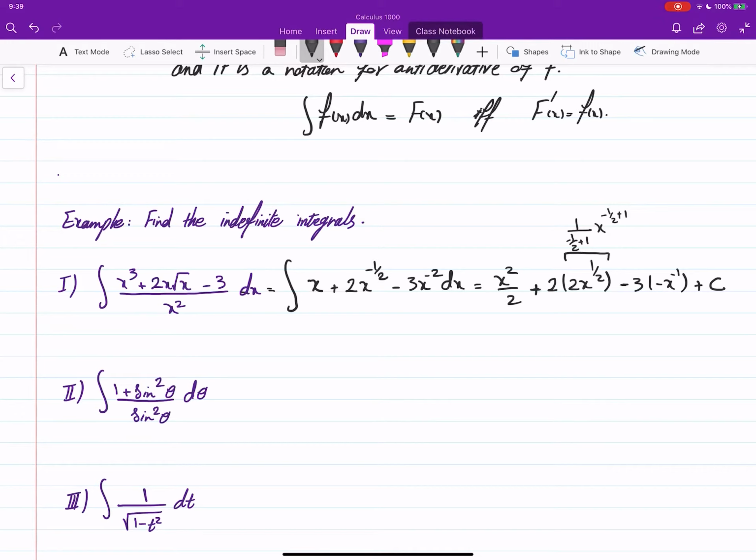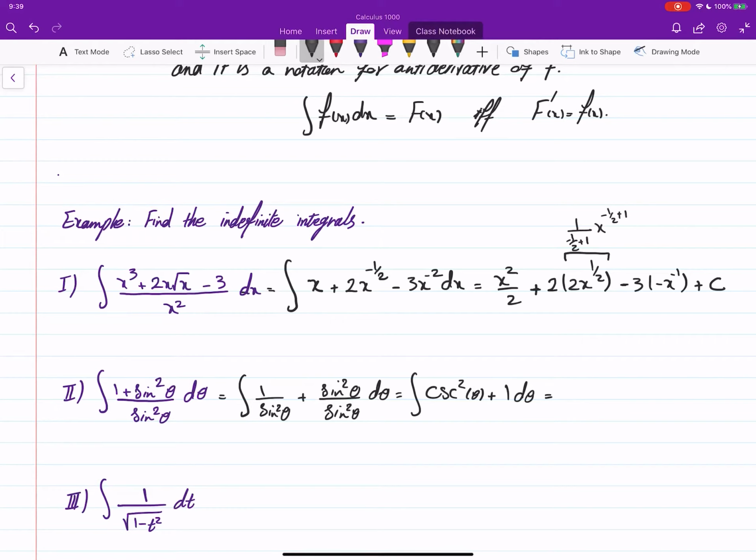That's nice. And how about this one? When I look at this, I can write it as 1 over sine squared theta plus sine squared theta over sine squared theta, d theta. And this is cosecant squared theta plus 1 d theta.